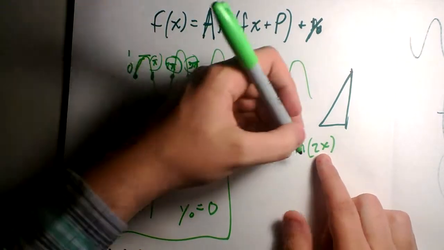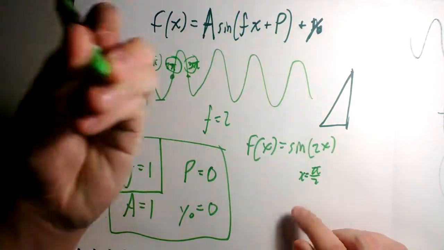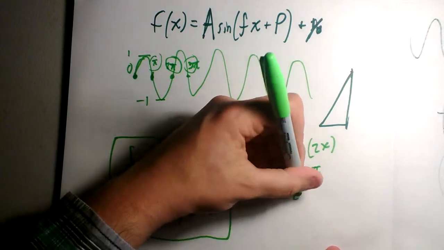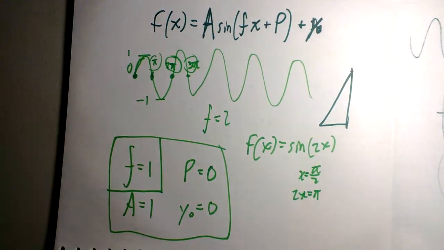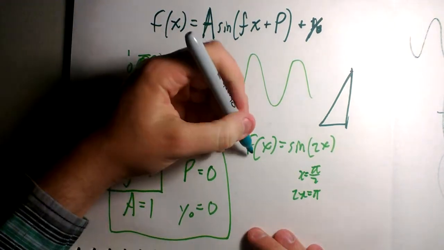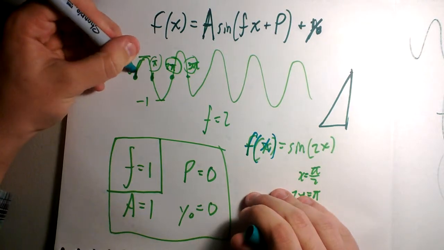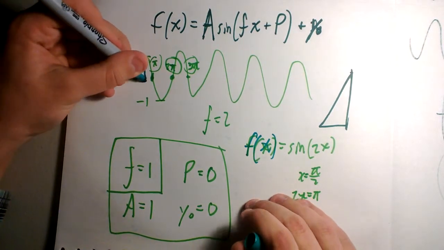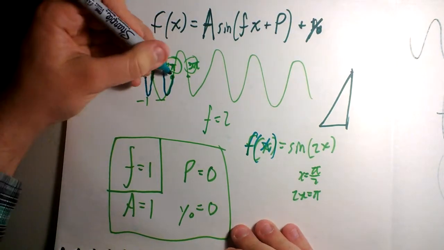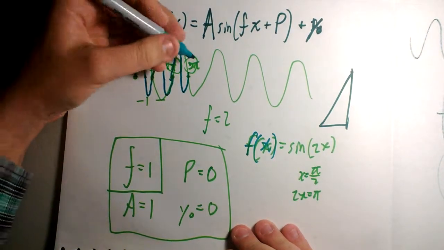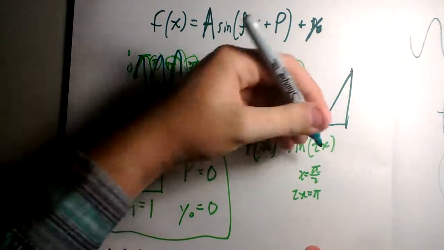Because if I plug in pi divided by 2 as x, then 2 times x is equal to pi. So by pi divided by 2, this function right here, let's make it a different kind of green, this function will hit 0, I mean. So that means by multiplying by 2, we make it skinnier, less thick. So that's neat. So that's what frequency does.